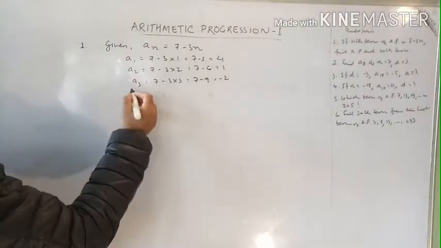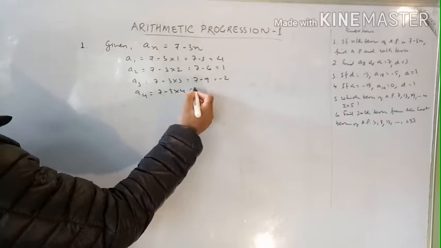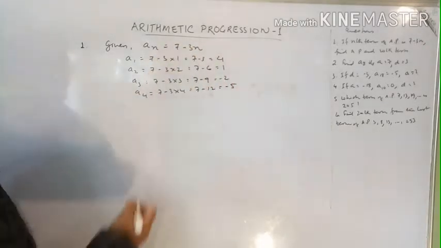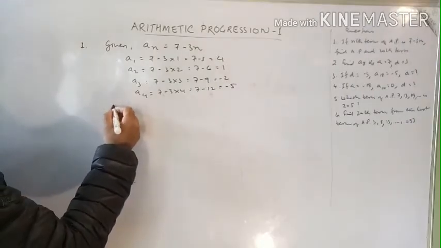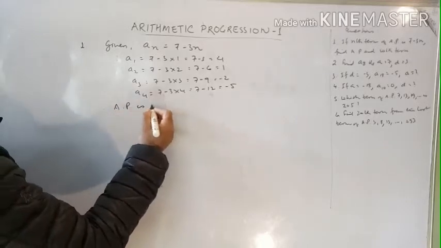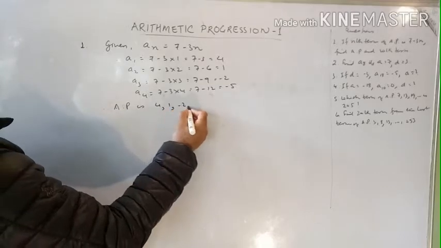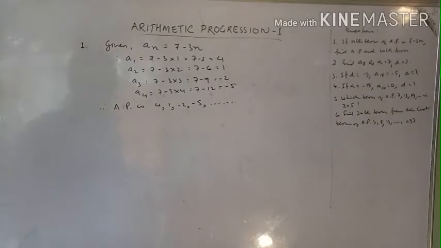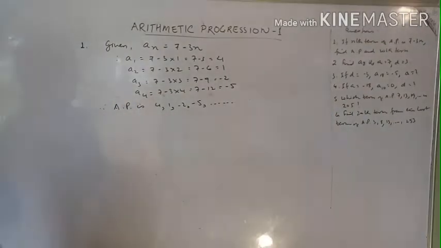A4, the fourth term: 7 minus 3 into 4, that is 7 minus 12, that is minus 5, etc. So the AP is 4, 1, minus 2, minus 5, and so on. This list of numbers is the required AP.